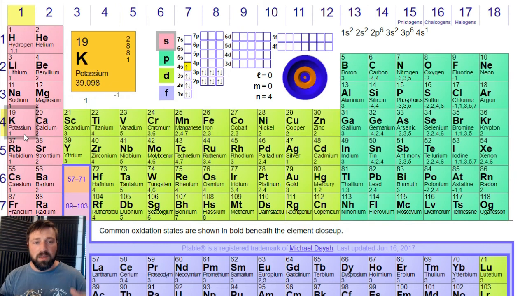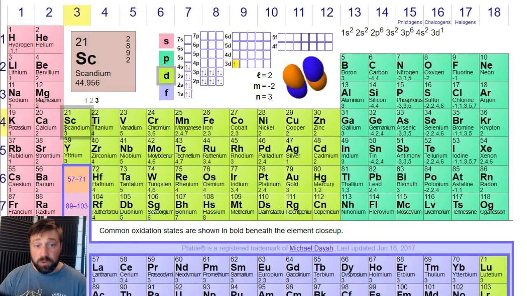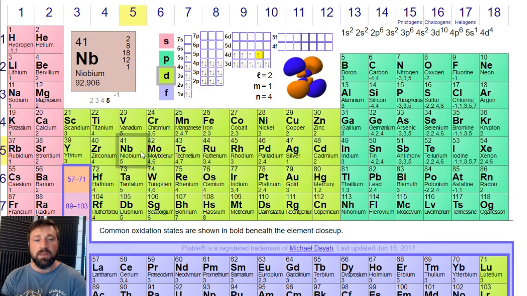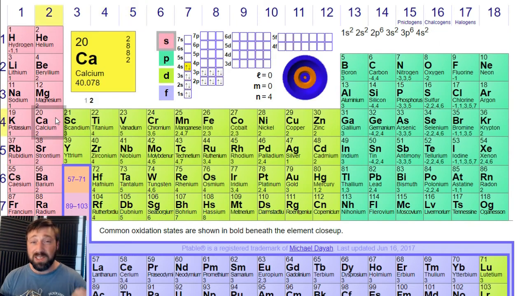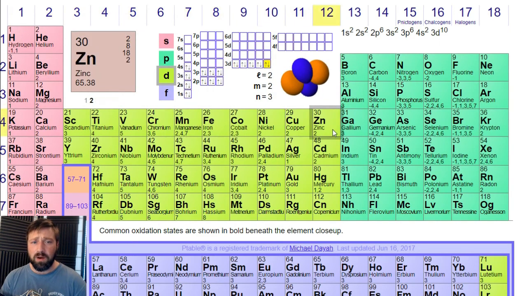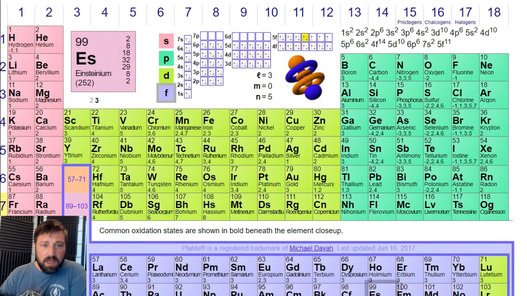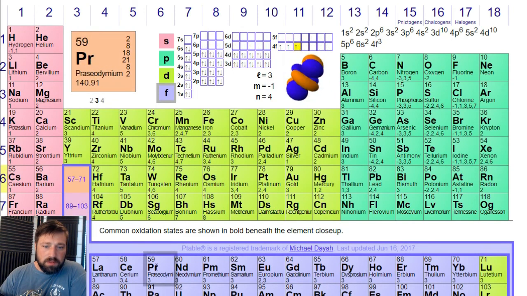They're going to spend the vast majority of their time closer to the nucleus, whereas these guys are sometimes really close to the nucleus and sometimes further apart. So you have more variability. So 4s in general is more stable, whereas these guys are less stable. 4s fills in first.